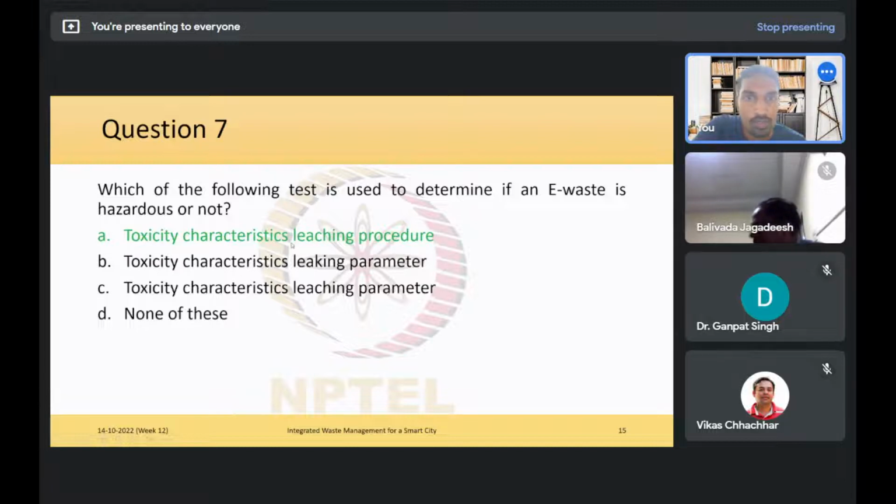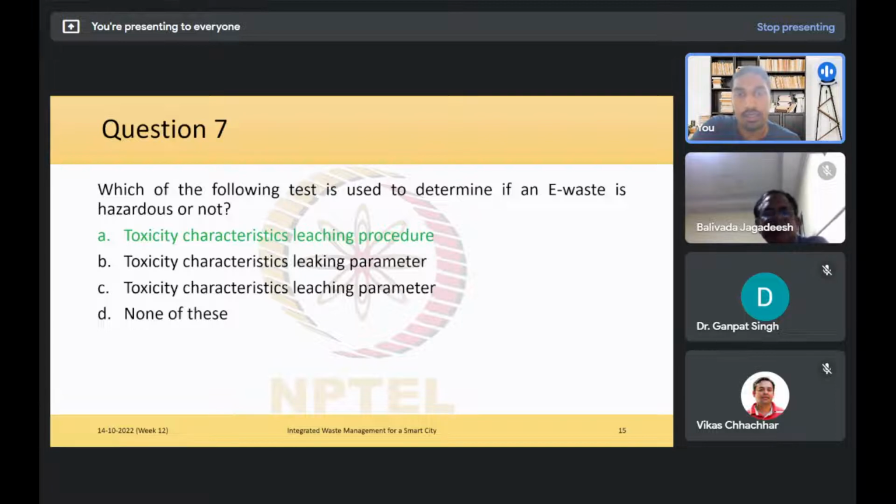We follow a procedure where we try to leach out the components or the hazardous substances present within that waste, and then try to measure the concentration of it in the leachate, and then compare that with the standard.